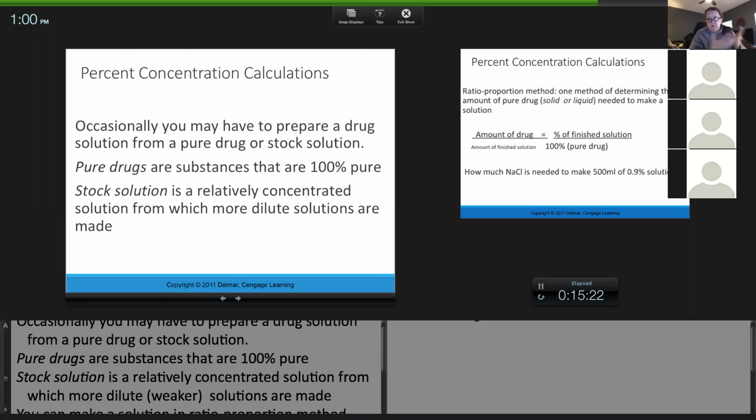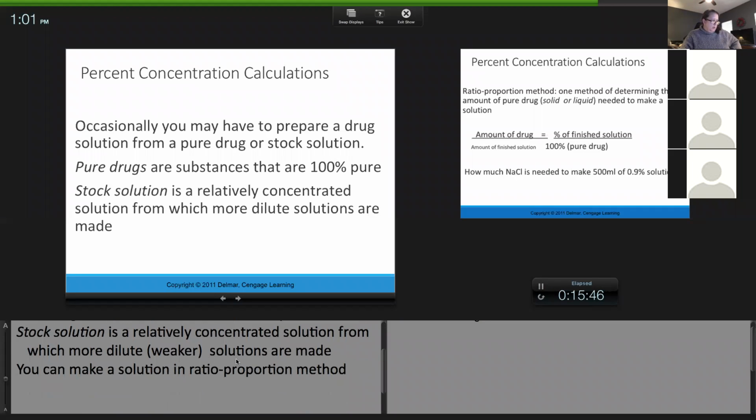There are a lot of drugs that we give animals inside their IV fluids so they can be diluted out and given over time. Sometimes we give dextrose in fluids, we give metoclopramide in fluids, and we have to figure out how much pure drug to add to a dilute solution to get what we need. So the stock solution is dilute, and the pure drug is more pure.